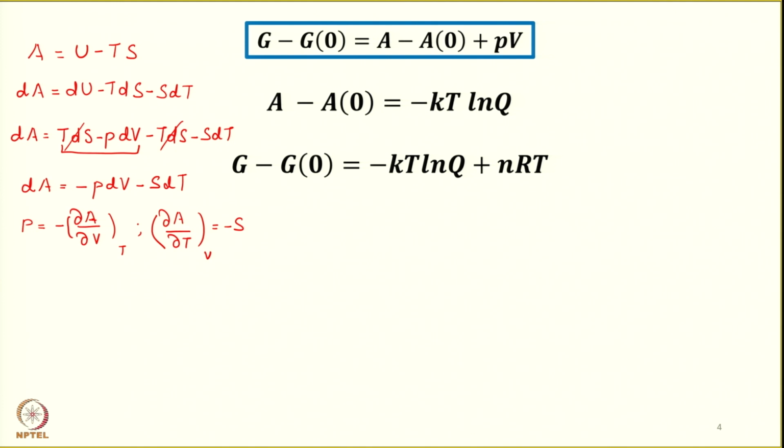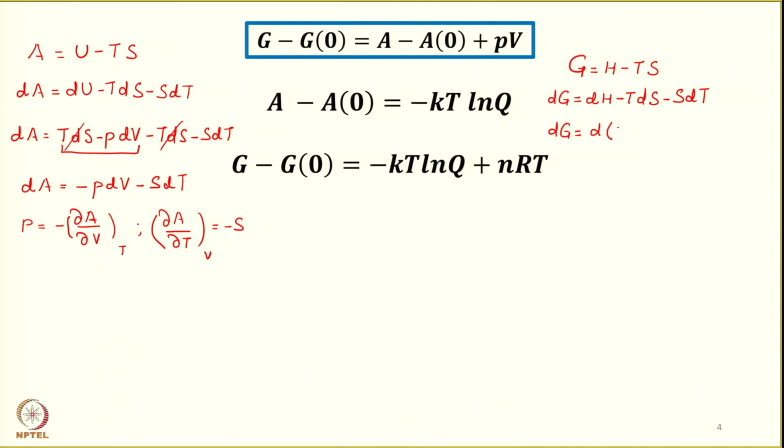And then if I start with G is equal to H minus TS, dG is equal to dH minus TdS minus SdT, and we keep on expanding.